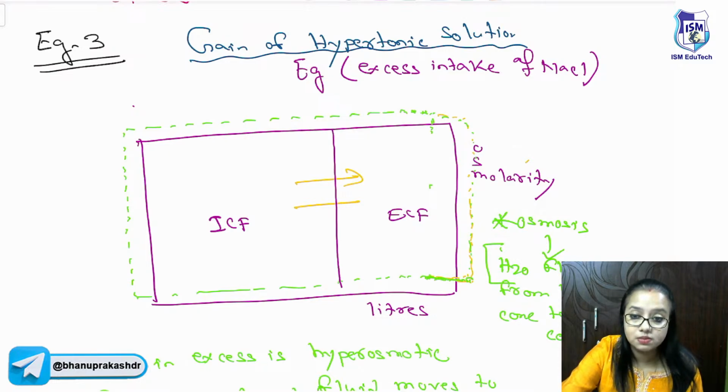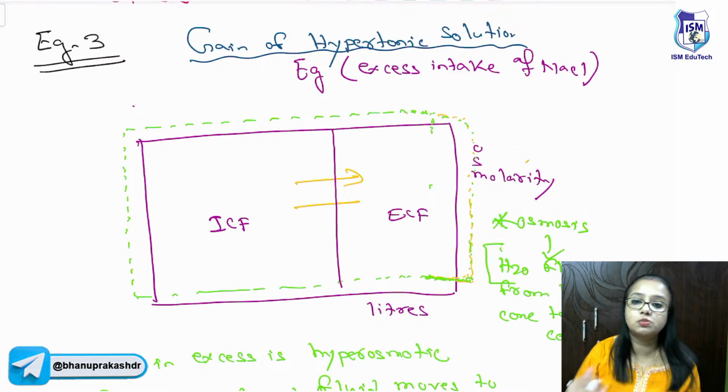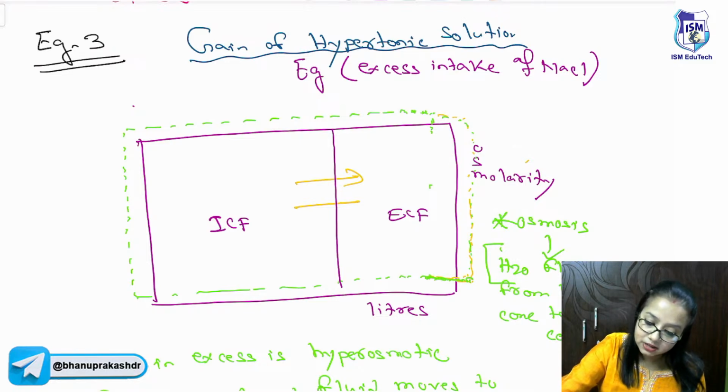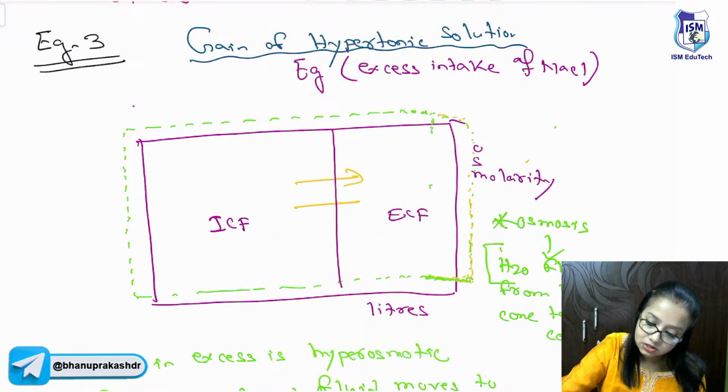But also remember, this is a hypertonic, hyperosmotic solution, so there is an increase in the osmolarity. After it stabilizes, there is volume expansion in the ECF. The ECF volume increases, as we have seen by the dotted lines.